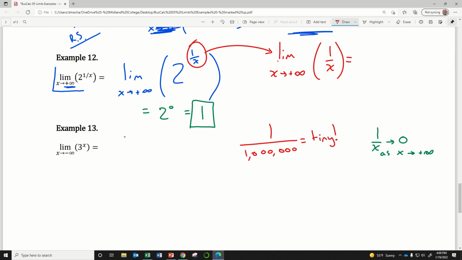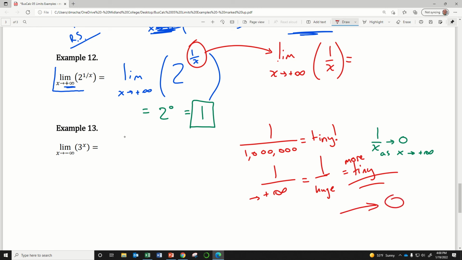And as x becomes larger and approaches positive infinity, that fraction will only become more tiny, right? Positive infinity isn't a real number, but you can imagine 1 over some huge number. This is actually a tiny fraction. And basically, as we get tinier and tinier, we are actually approaching 0 with that fraction.